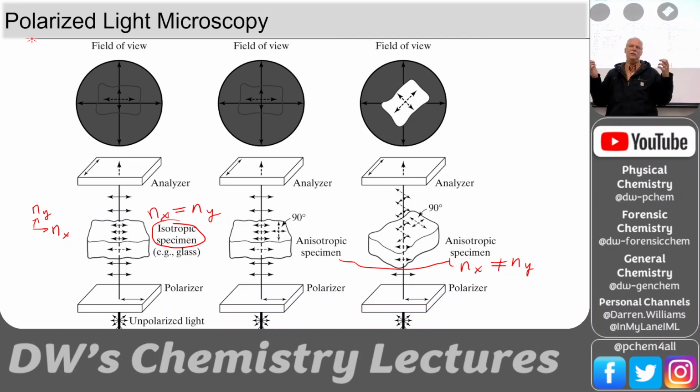Now, why might a material have a different refractive index based upon the angle in the material? Well, crystals. Think about how crystals are. Let's just take a molecule like benzene and stack them. So we got flat benzene here stacked on top of flat benzene. And so we've got sheets. So light going through the sheet this way will probably slow down differently than light going through it this way.